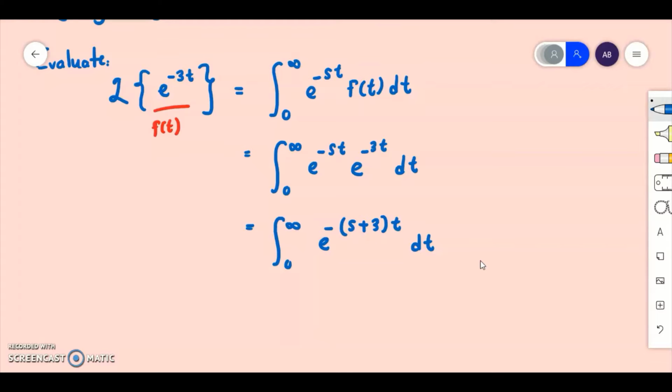So when I expand it, I have exponent negative st times exponent negative 3t, which are the same. Okay, now you can integrate. Integrating here means applying the limit b approach infinity, integrate from 0 to b, exponent negative (s plus 3)t dt.